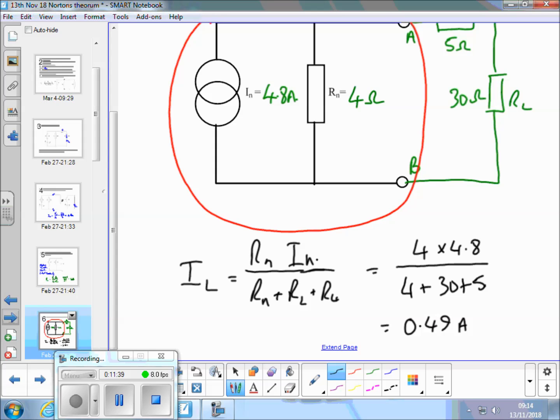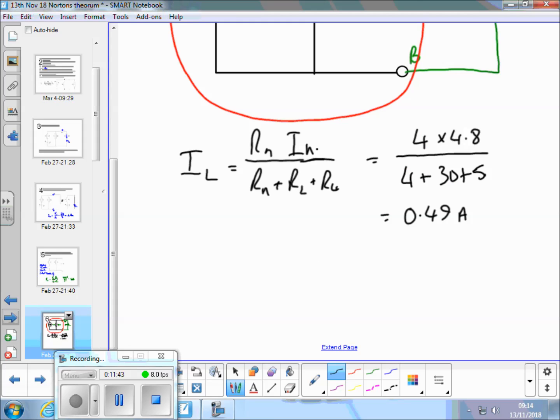Okay. Now, if you're uncomfortable with the current divider rule or can't remember it, here is an alternative method.